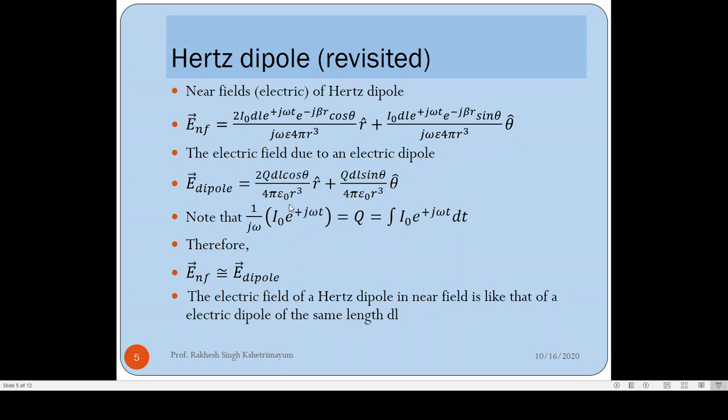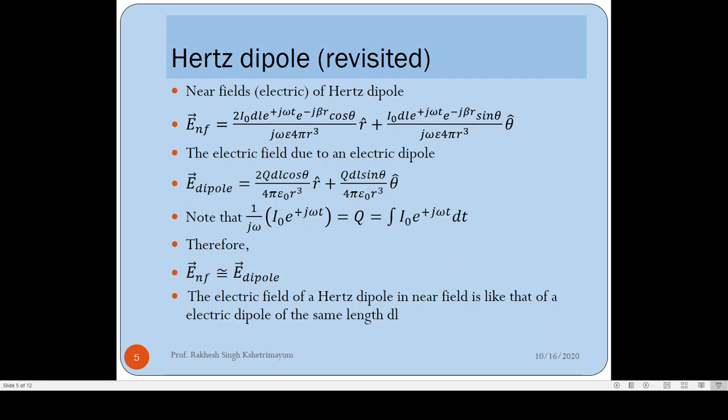So you replace I0 exponential j omega t by j omega q, and if you consider the frequency tending to 0, then beta also tends to 0. Exponential minus j beta r will become 1. So finally, if you compare these two equations, the near field of the Hertz dipole is exactly the same as the electric field produced by an electric dipole.